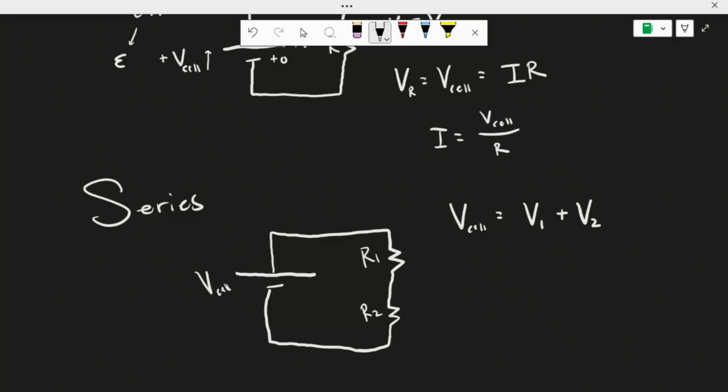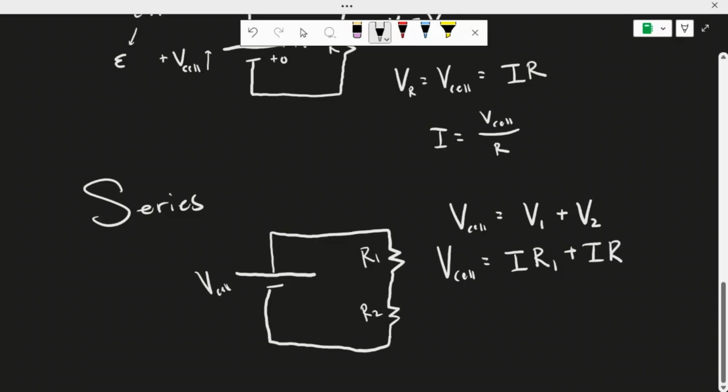So it will set itself up such that the current will allow the two voltages of R1 and R2 to equal the voltage of the cell total. So now we get V cell is equal to I R1 plus I R2.